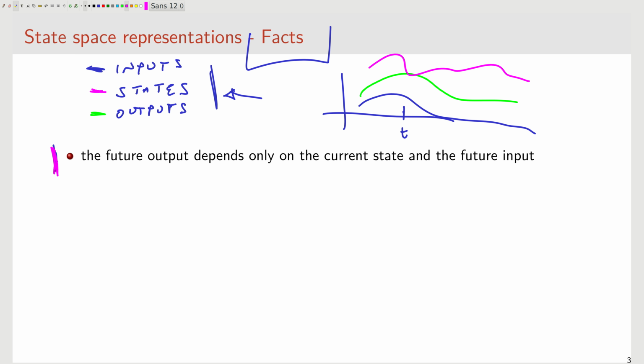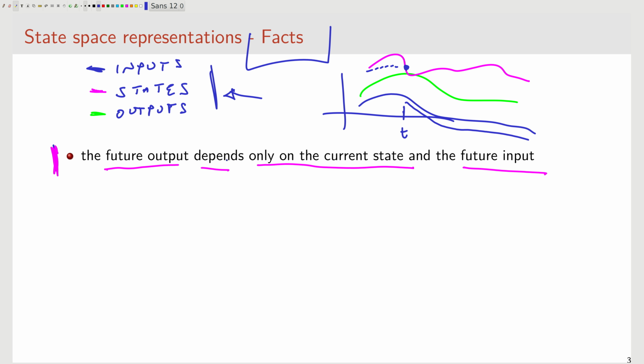The separation principle says, first of all, that the future output depends only on the current state and the future input. So the future output, this stuff here, depends only on the current state, the past I don't care, and the future inputs. I chose very bad colors.